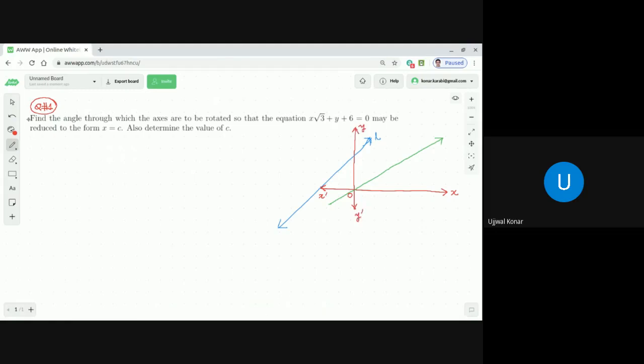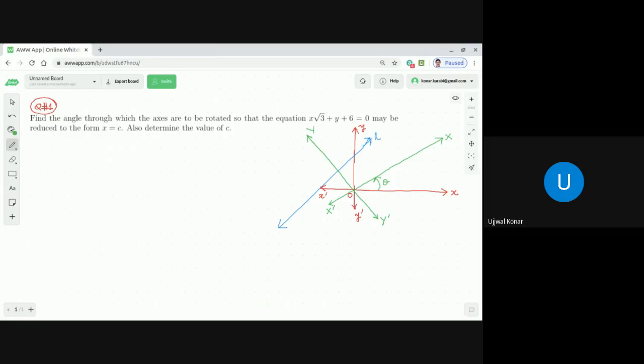Once it is rotated by an angle theta, this is our new x-axis, capital O, capital X, O, X dash, and that will be the new y-axis, capital Y, O, Y dash. Got it, no? This is the new y-axis after rotation.